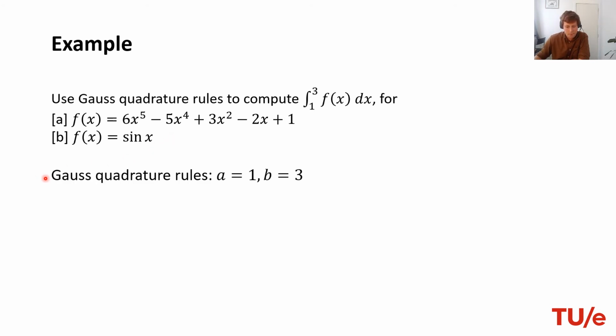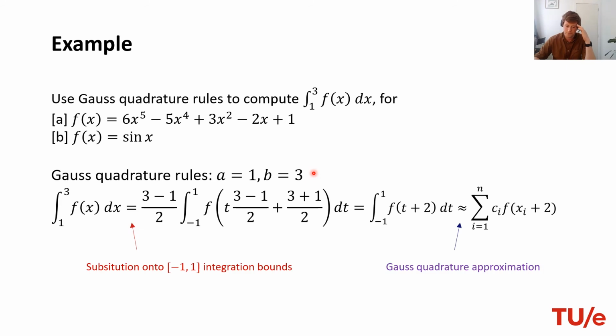Now, we see that we have an interval from 1 to 3, so that's not the same as this standard interval from -1 to 1. So let's take a look at how these substitution rules work when we apply them, in this case, for a is 1 and b is 3.